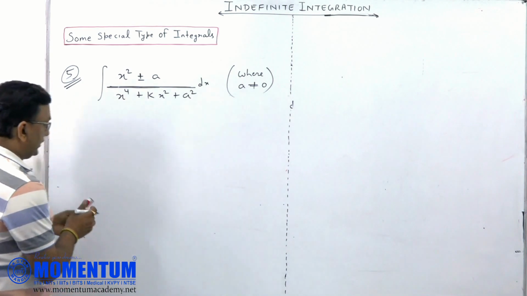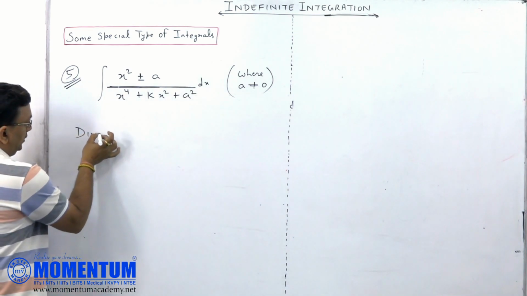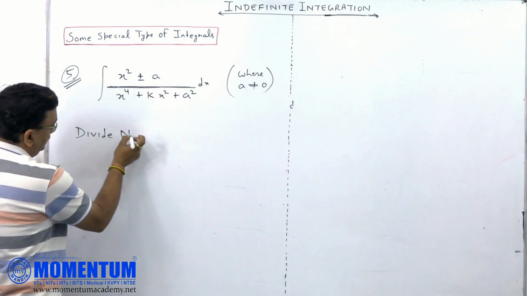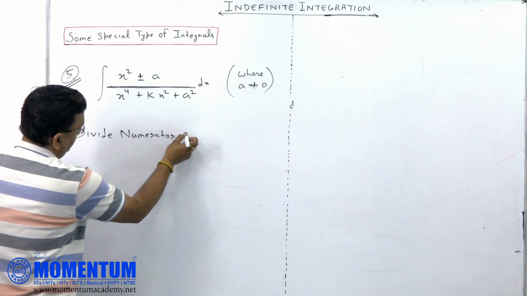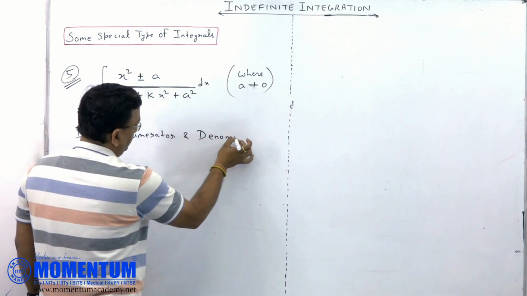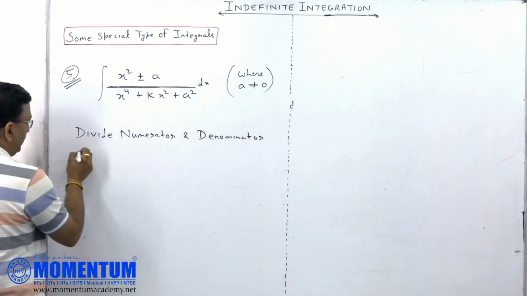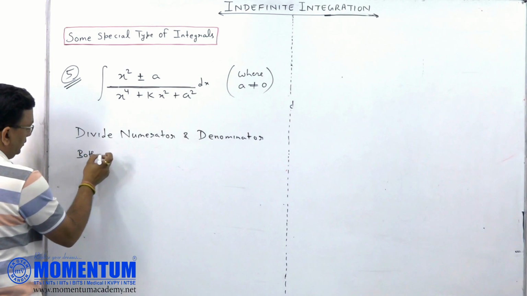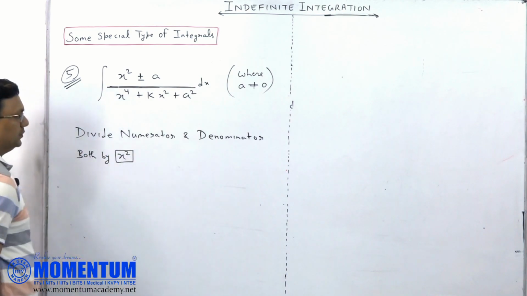How will we solve such kind of integral? Divide numerator and denominator both by x to the power 2.